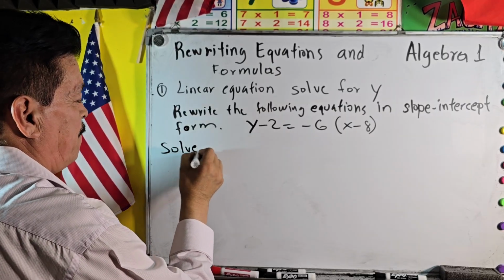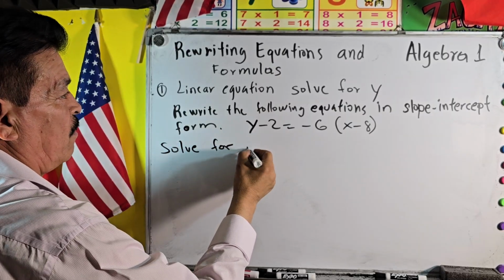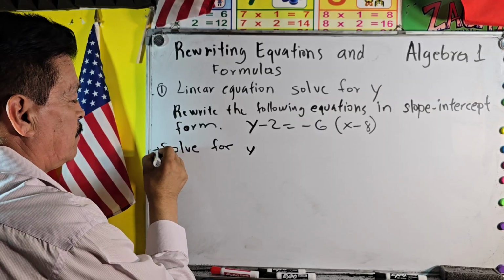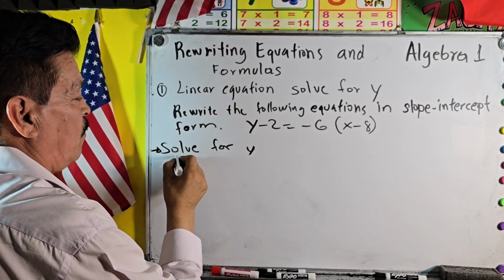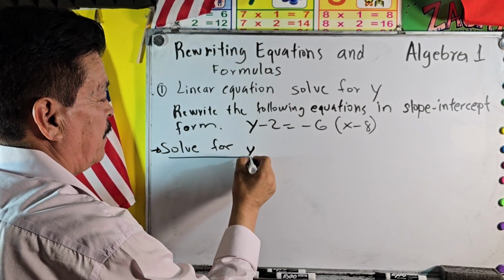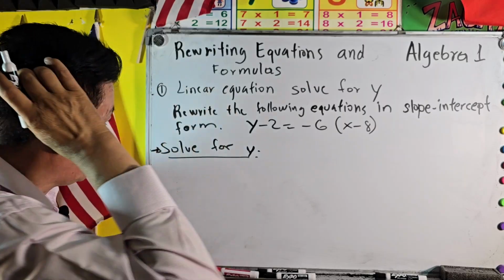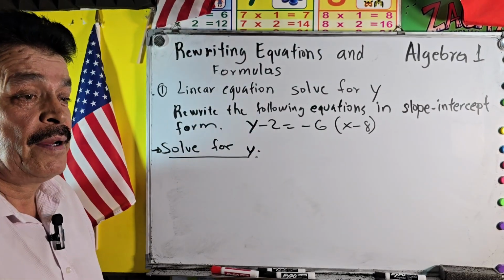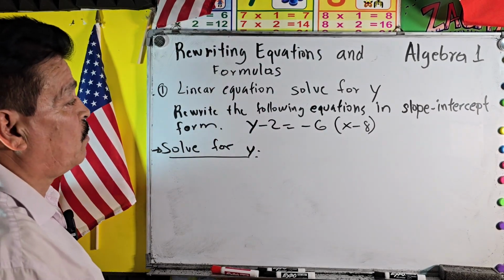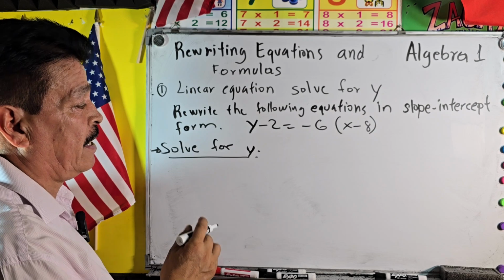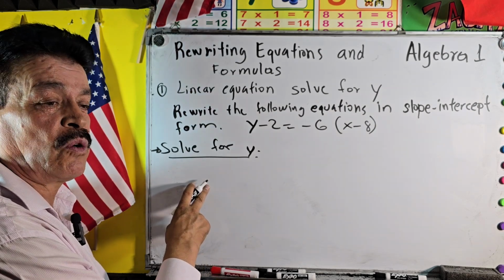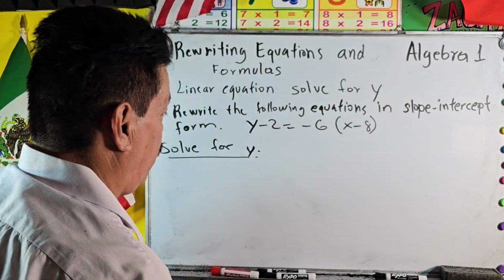So now we have to solve for y. Okay. Solve for y in our problem here. What is the next step? So rewrite the equation here. We have to rewrite the equation in slope-intercept form.